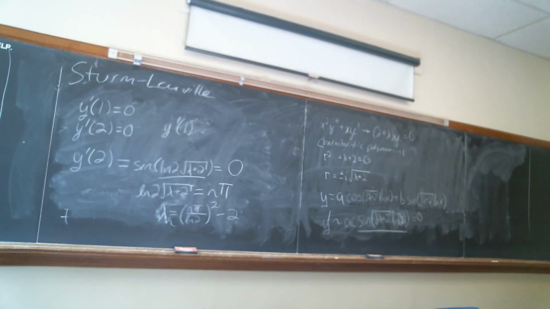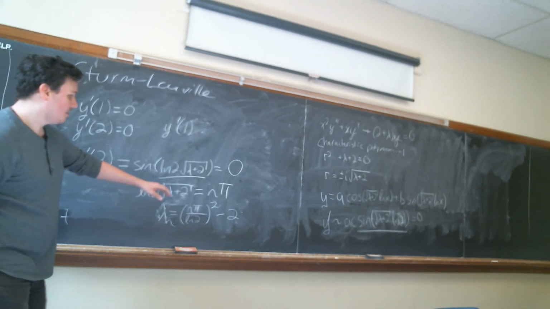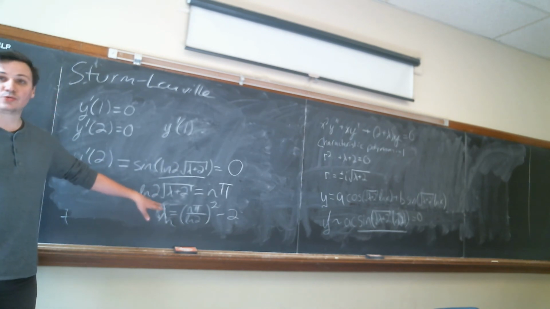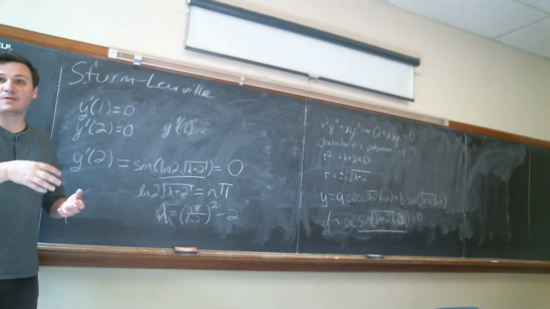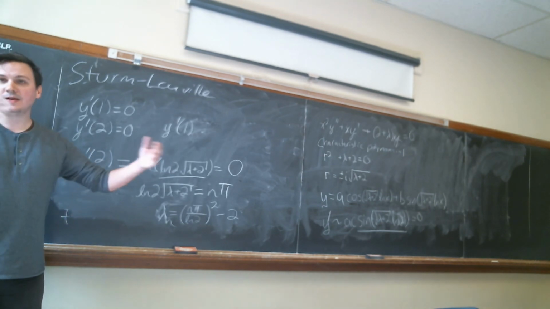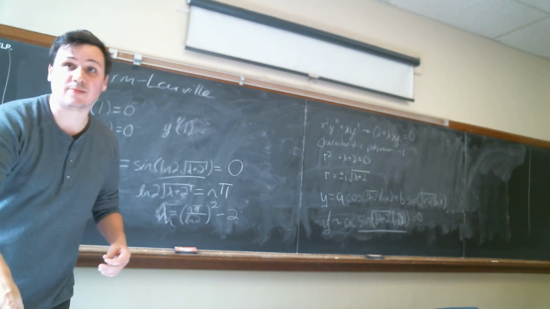Because it's equal to 0, we could just divide through by any constant. And we can't set the a equal to 0, because then our solution is y equal to 0. So that doesn't give us any information. That's a trivial solution. But if we choose lambdas that inside of the sinusoidal function, or whatever function we have, generate zeros, then we can actually build up a series of solutions, and we can go forward from there.